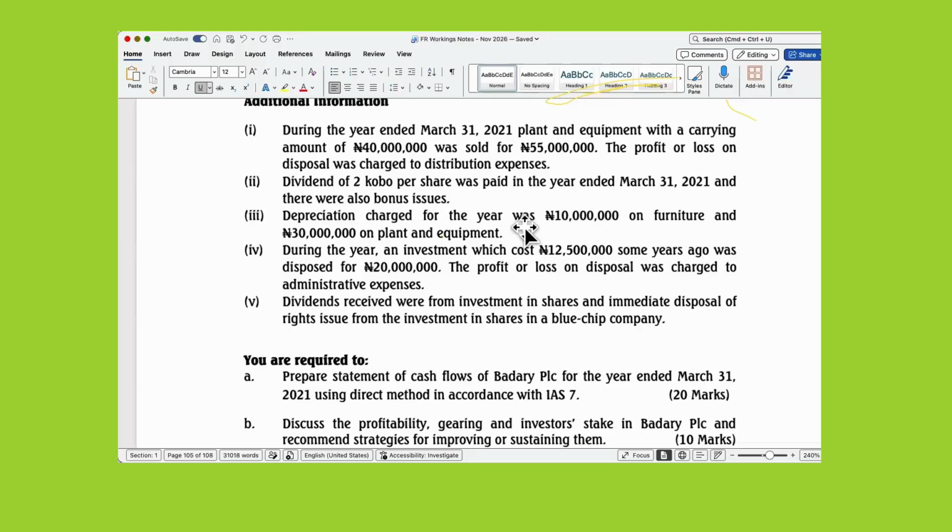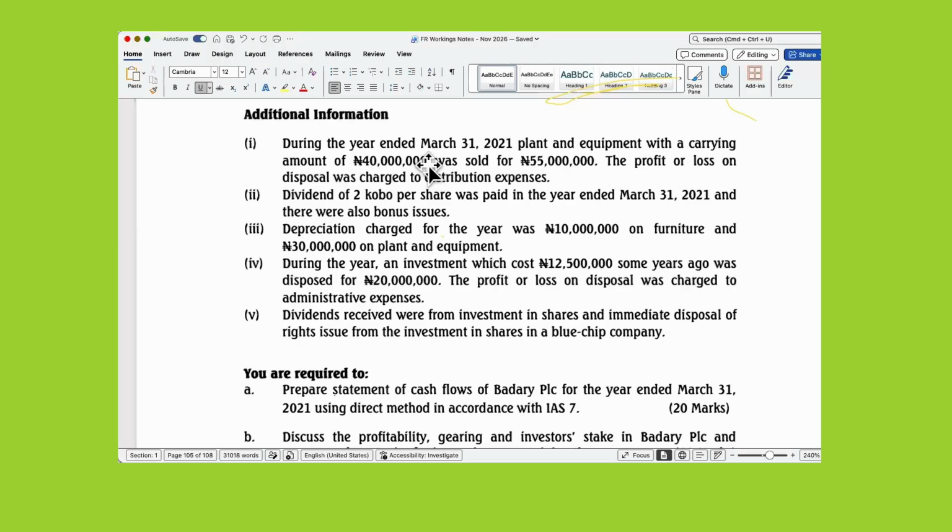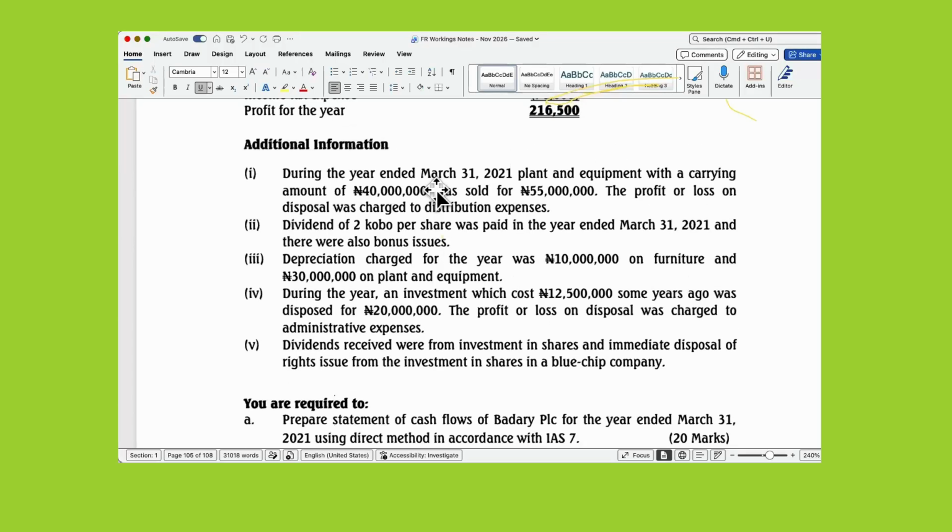So charging it to admin in that wise means it came in as a deduction. It will have netted off your expense. That is what it has done. Which is why, since it's a non-cash item, we want to remove that deduction. That's why we are adding it back. It was the same treatment that we accorded this note 1 profit on disposal of this equipment that was charged to distribution expense.